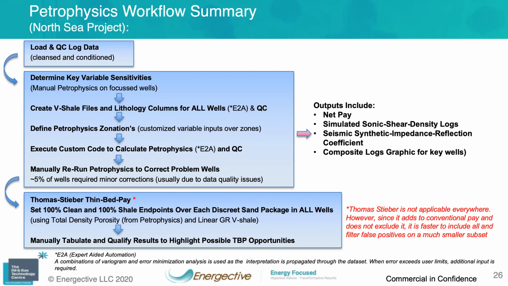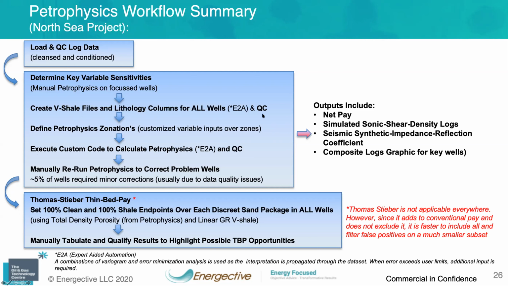So we look at how you move away from control using a variogram to define that and to minimize that error. As we get outside of that, that's propagated through our data set. When the error exceeds what we've set as limits or the variogram limits, then it requires additional input from us. So we do that, we create our V shales and lithology columns that way, and then we QC.